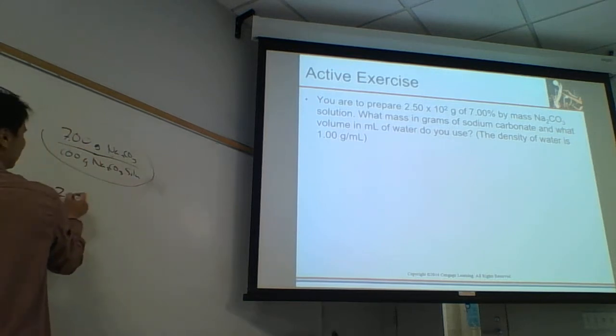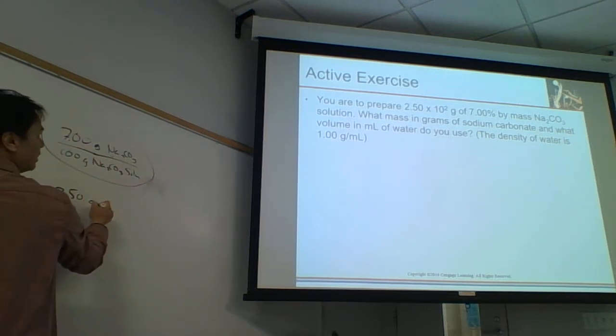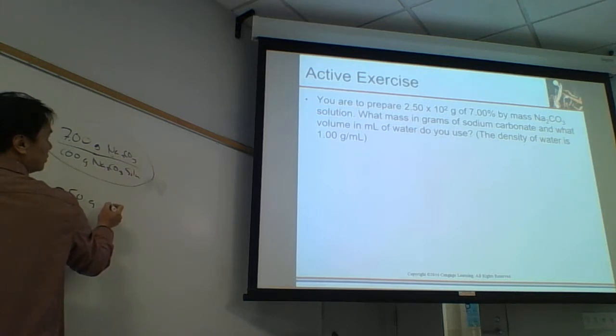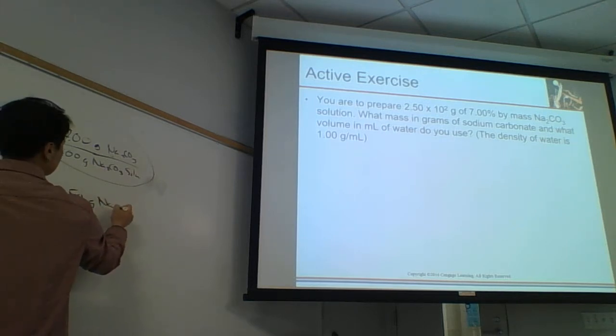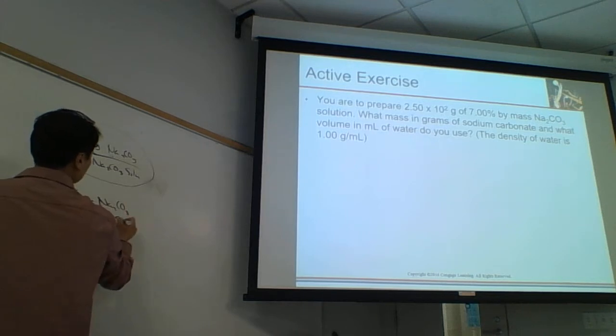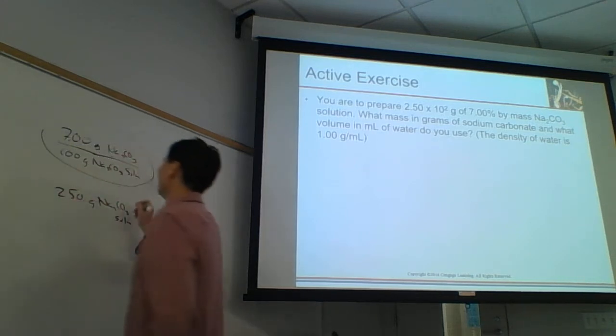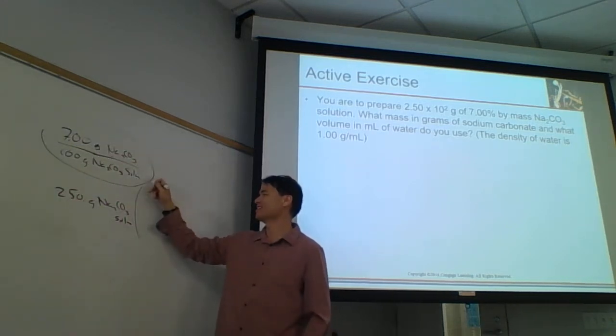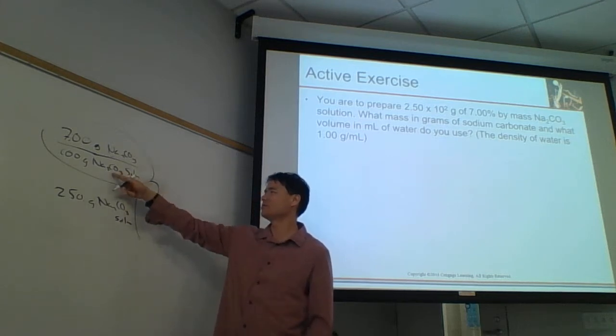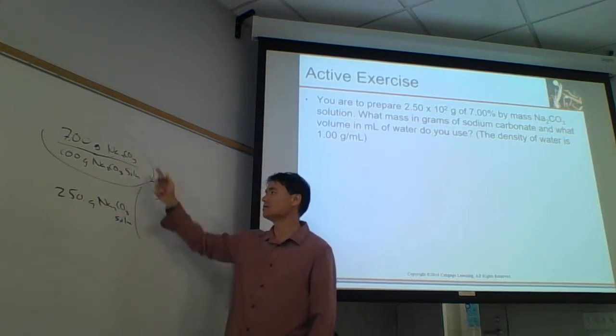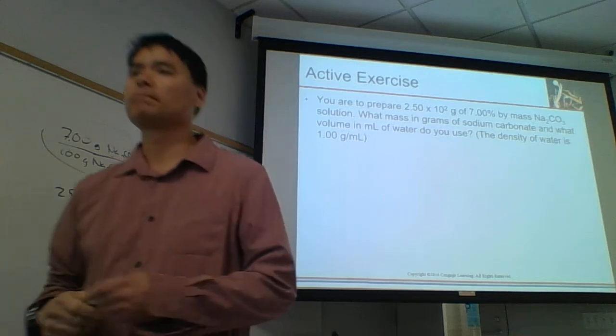And so what we're given is 250 grams of sodium carbonate solution. And so we can just multiply it by this conversion factor. Grams of sodium carbonate solution cancel, it leaves us with grams of sodium carbonate.